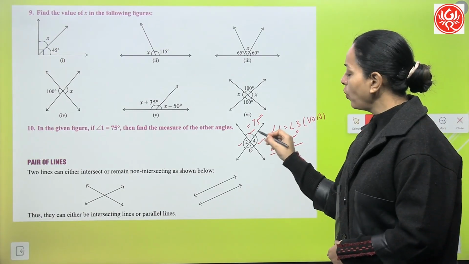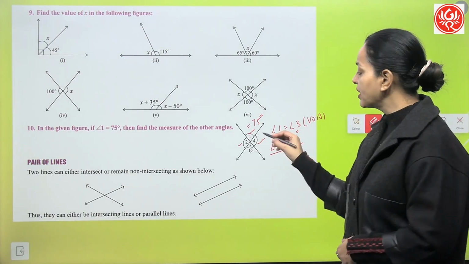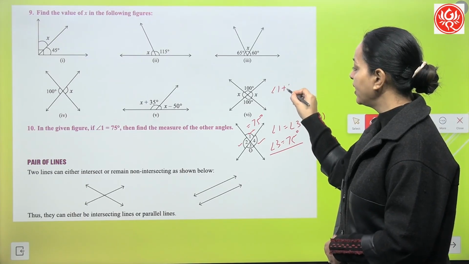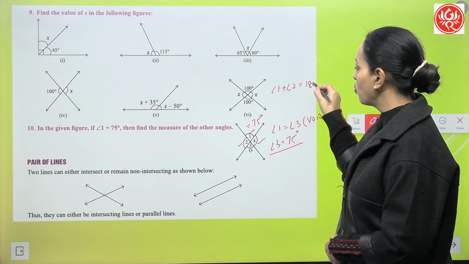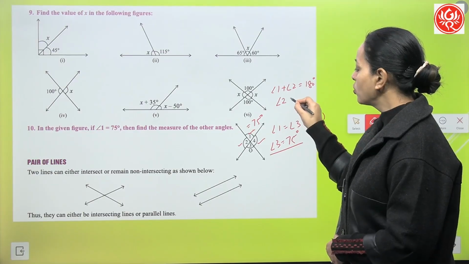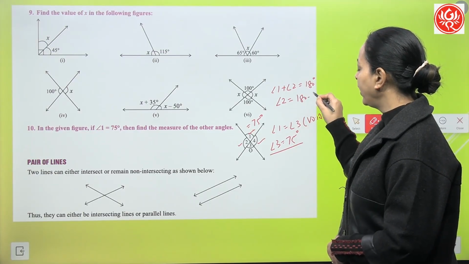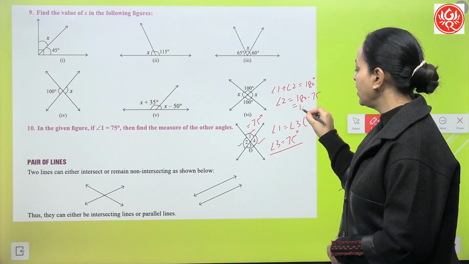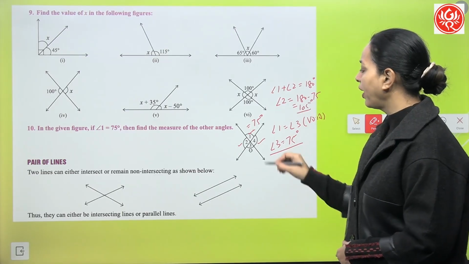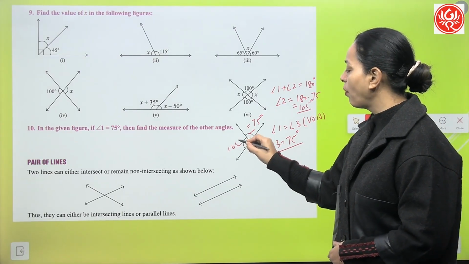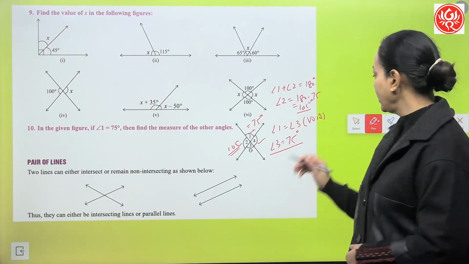So you know 1 and 2 angles, they are on a straight line. So their sum is 180 degree. So 1 plus 2 equals to 180 degree. So what is angle 2? 180 minus 75 means 105. So angle 2 is 105, right?